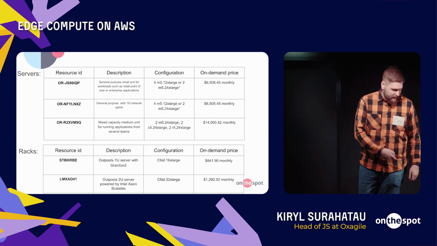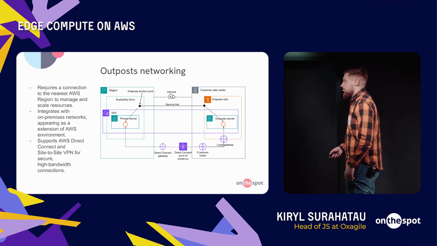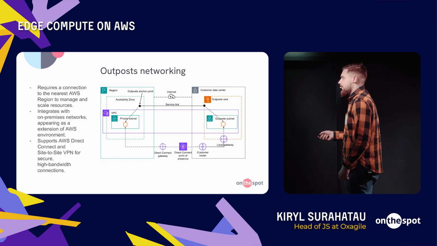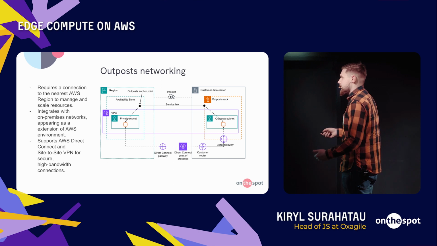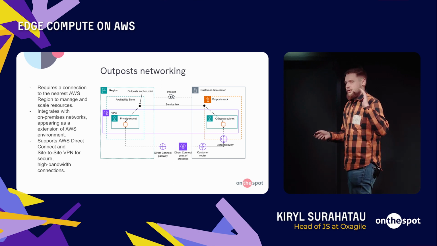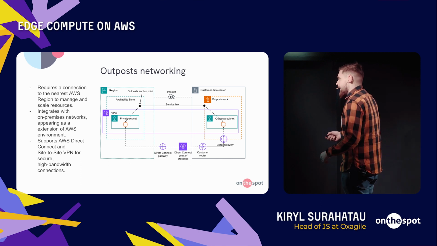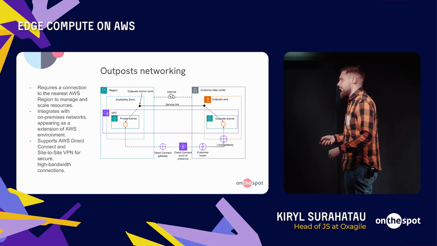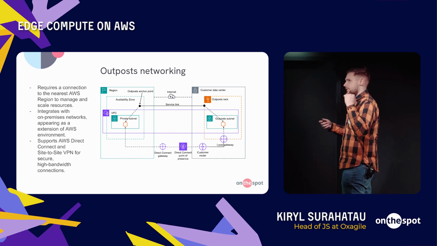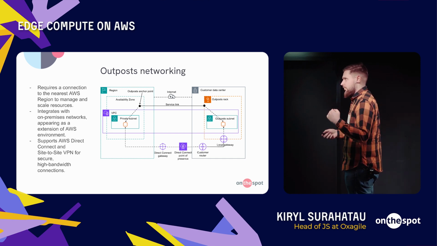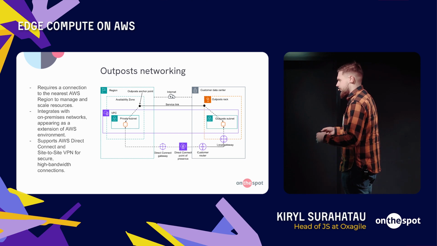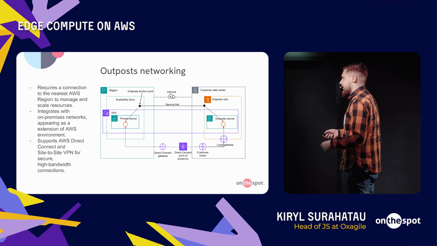This is hardware costs and how it looks like, how it works in terms of networking, how it connects to AWS Cloud. First of all, it requires constant connectivity. If you want to work with Outposts, you need to have constant connectivity, and you have to work with a concept called local gateway. You're setting up a gateway on your networking environment, on your infrastructure, and using it to route traffic to AWS.